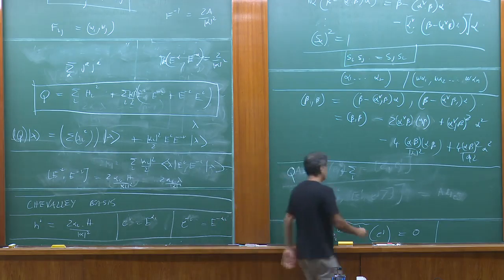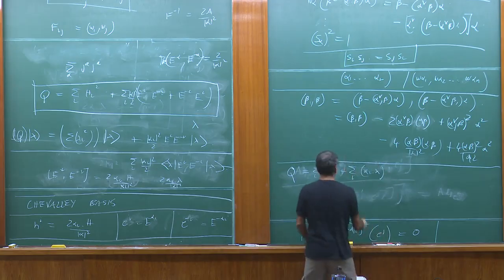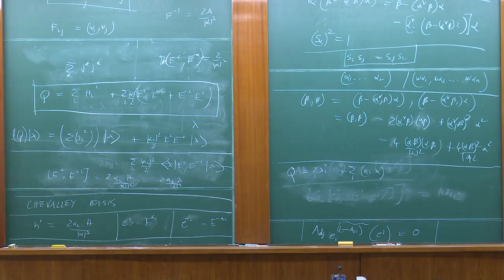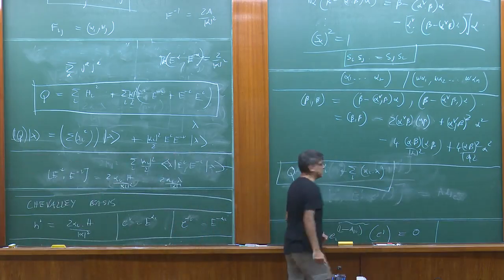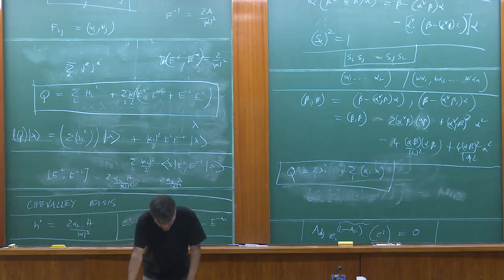So I get alpha_i dot lambda, where this sum is taken over all positive roots. Okay, so we've got this very simple expression for the quadratic Casimir of any representation, which is easy to apply.